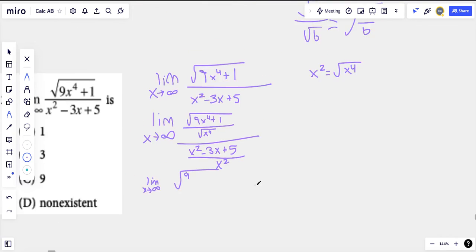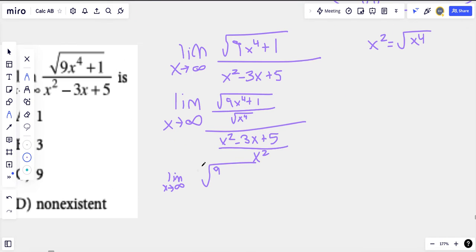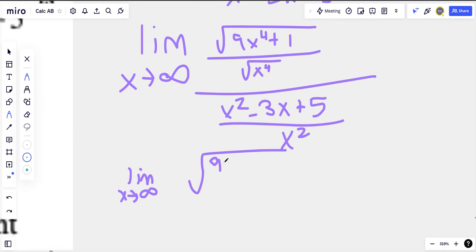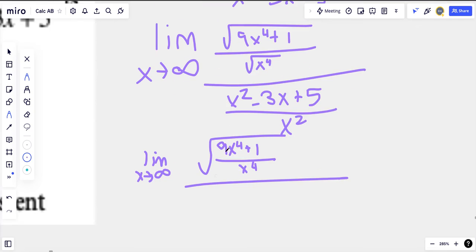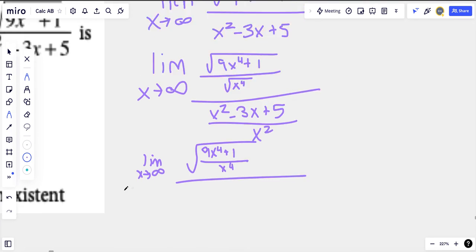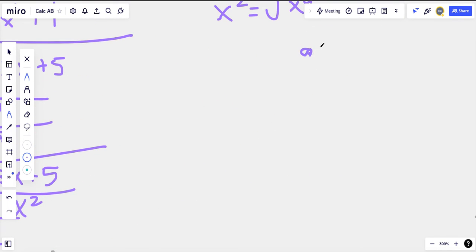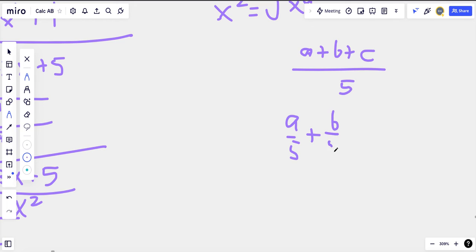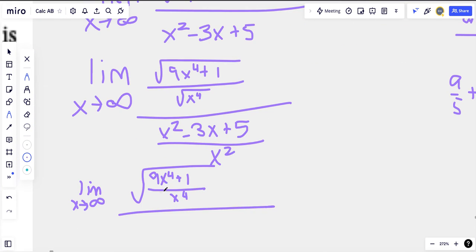We're just using this property here in this step. And in the denominator, we can simply divide everything by x squared, right? If you have, let's say, a plus b plus c divided by 5, it's the same as a over 5 plus b over 5 plus c over 5. So we can just use that concept here.